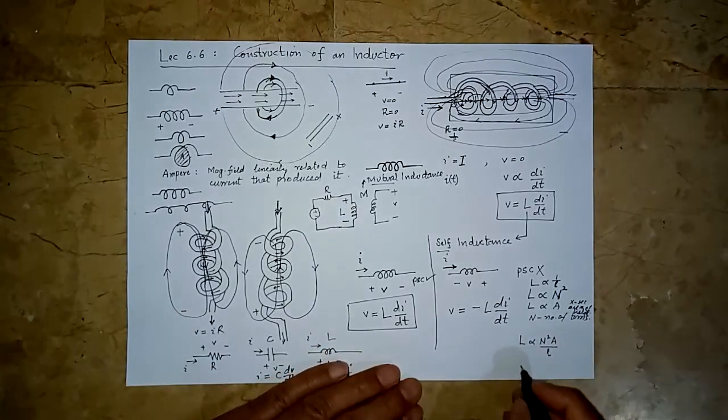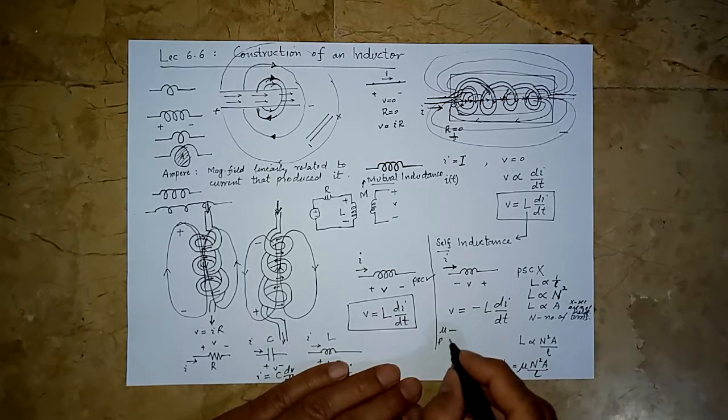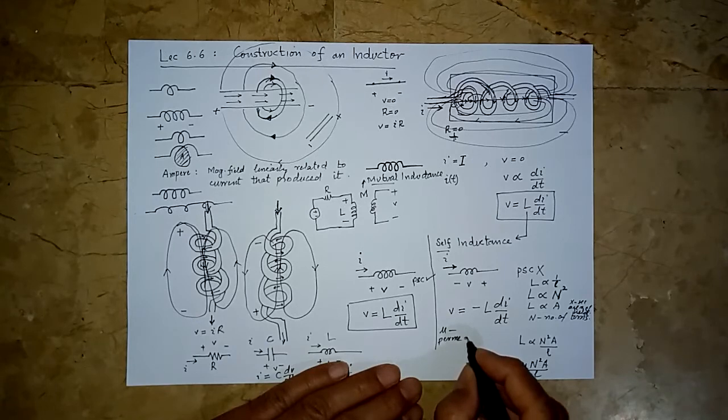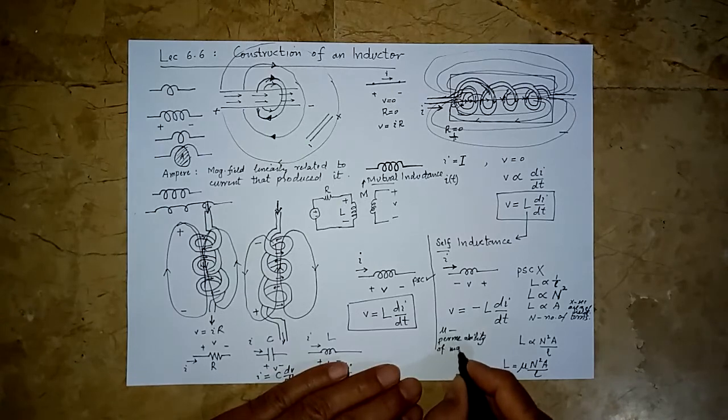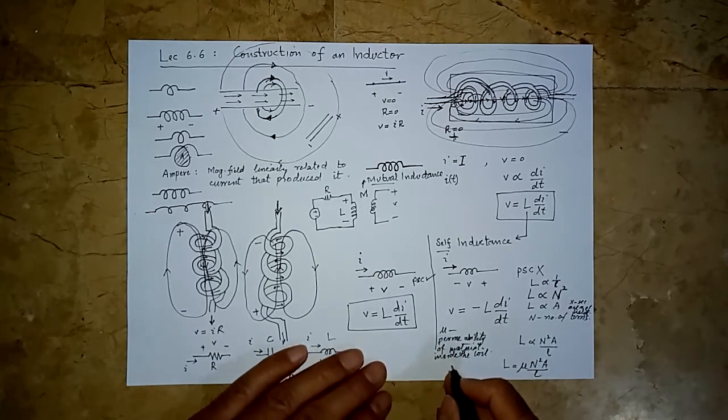And the proportionality constant here is known as mu, called the permeability. Mu is the permeability of the material that is inside the coil, or in other words, the permeability of the material around which the coil has been woven or made.